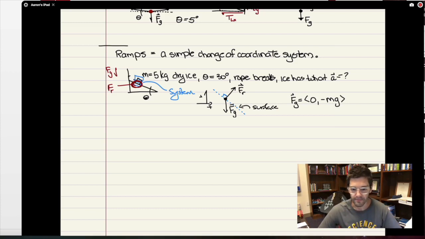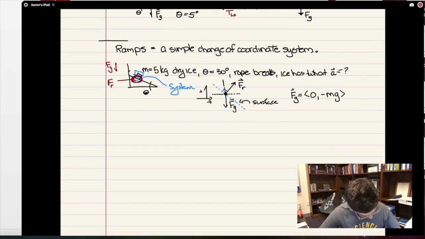And then if I stare long enough at the direction that the contact force is acting in, let's see, I'm actually going to redraw it because it's going to get busy.